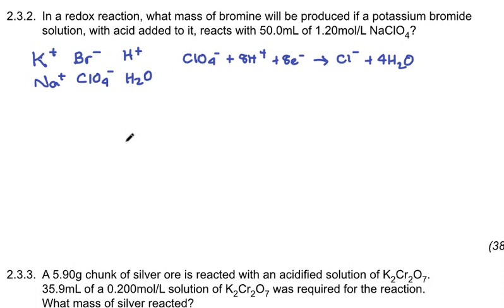Okay, I do because of something they say in the question, but we'll pretend we didn't notice that for now. Bromide ions, 2Br minus at 1.07 volts, seems to be our strongest reducing agent. 2Br minus gives us Br2 and 2 electrons.